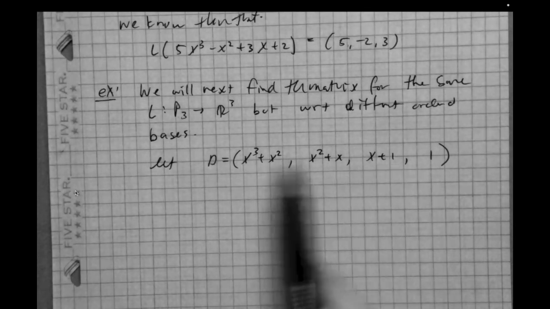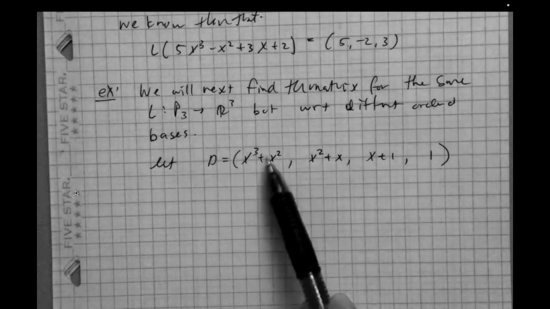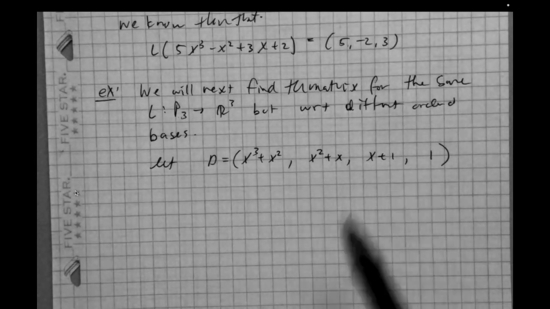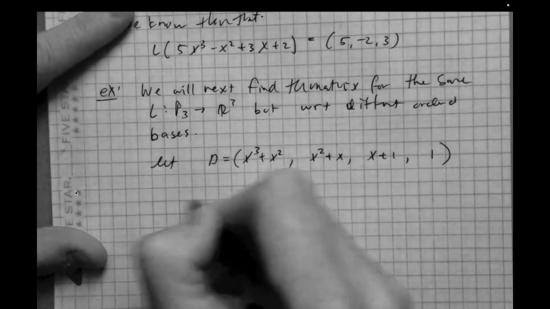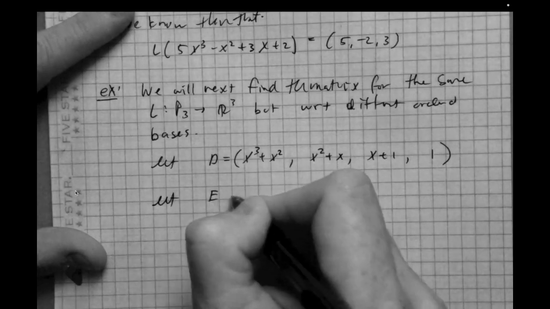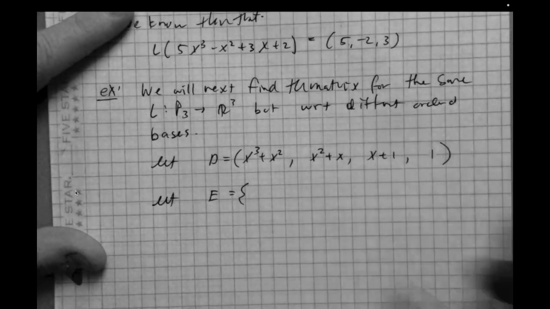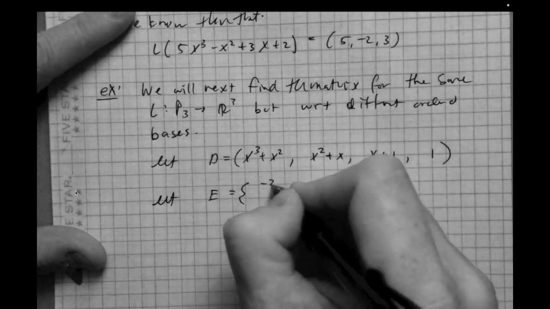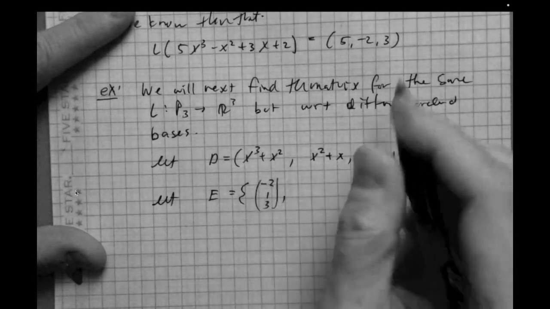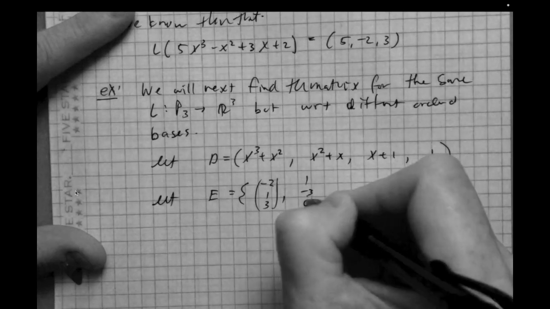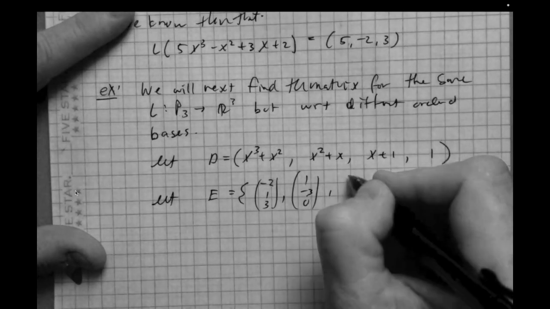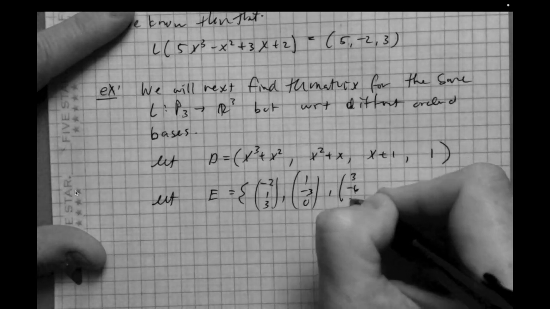Before it was the standard basis for P3, which was x cubed, x squared, x, 1, and now we're doing something different here. And then let the ordered basis for E in R3, instead of the standard basis, be (-2, 1, 3), then (1, -3, 0), and then (3, -6, 2).